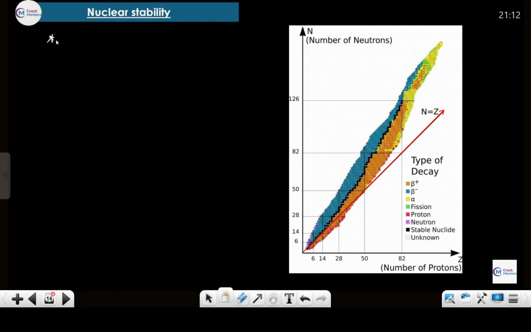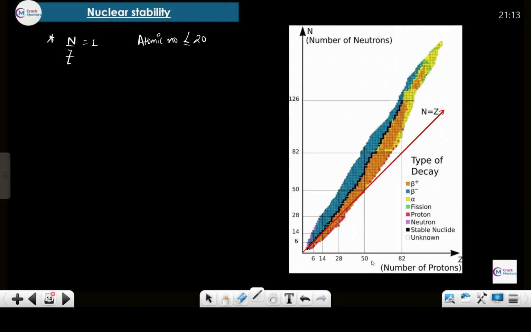It is observed that the n upon z ratio, for atomic number less than or equal to 20, is totally 1. As you are able to observe, I'm just drawing a line here.